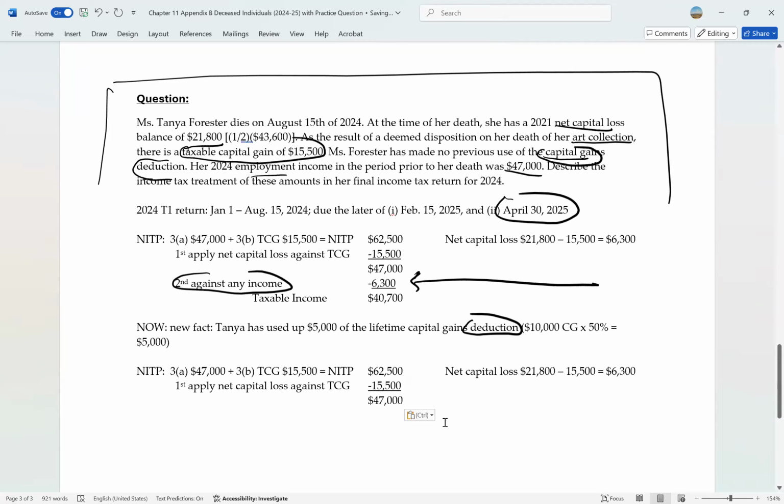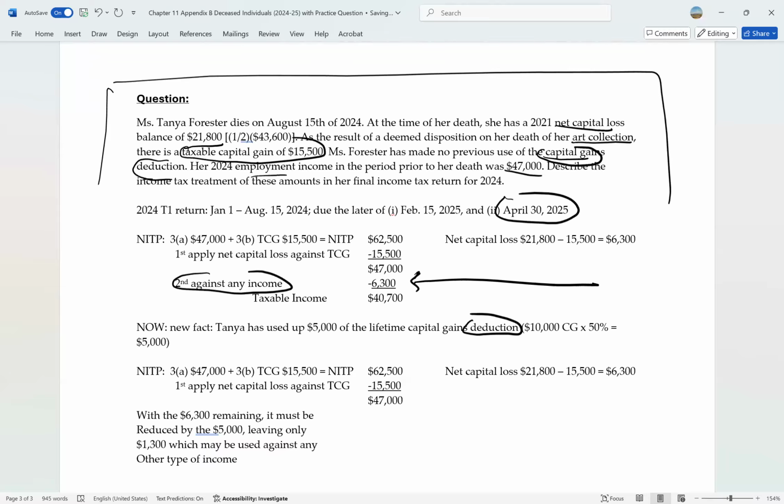But then with this remaining 6,300, let me put that over here, it must be reduced by the 5,000, which was that lifetime capital gains deduction that was used up, leaving only 1,300, which may be used against any other type of income.